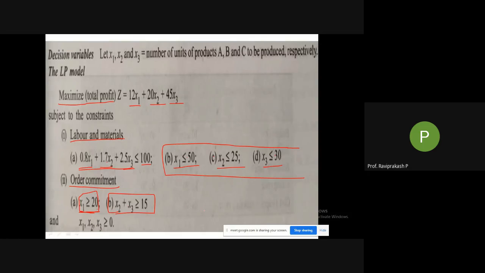I told you, right? But they have combined them under particular headings. Labor is this, material is this, then order commitment is this. Under labor it is 1, under material it is 3, so total it becomes 4, under order commitment it is 2, 4 plus 2, 6. There are 6 different constraints given to you in this particular problem.